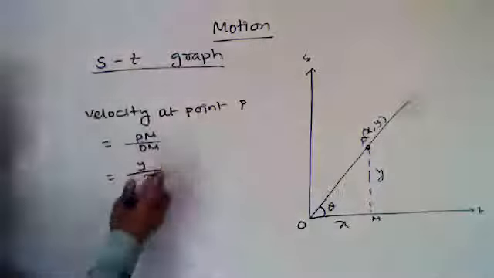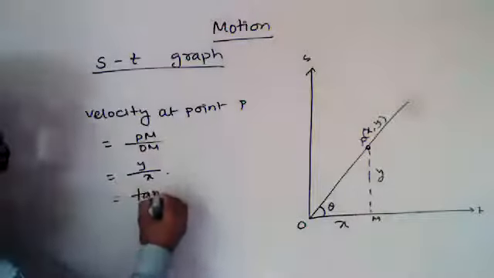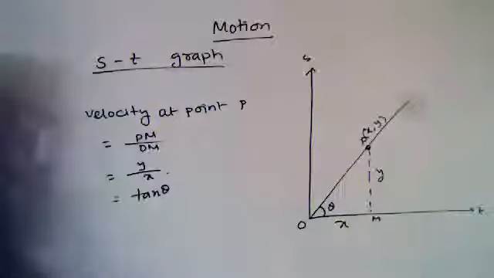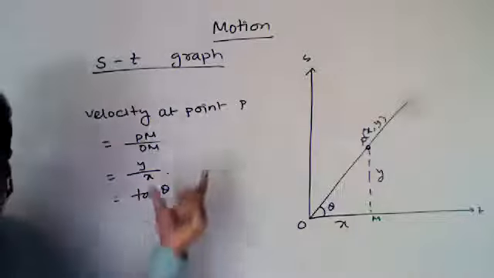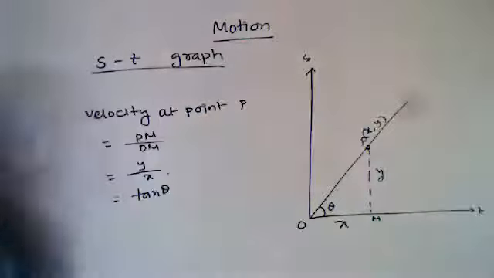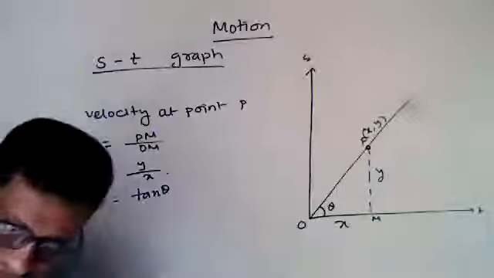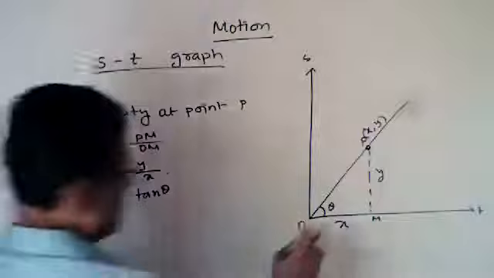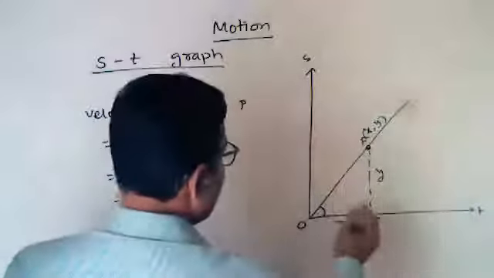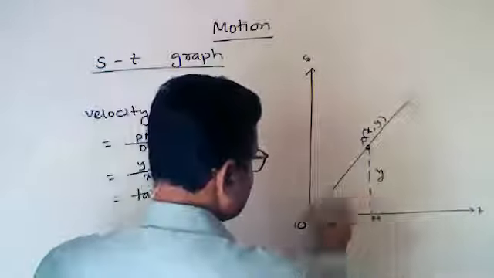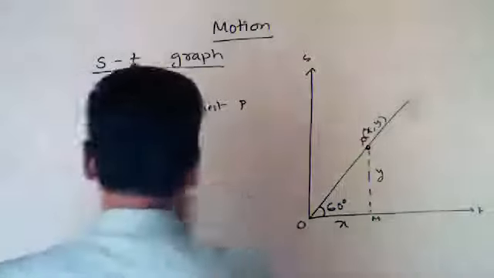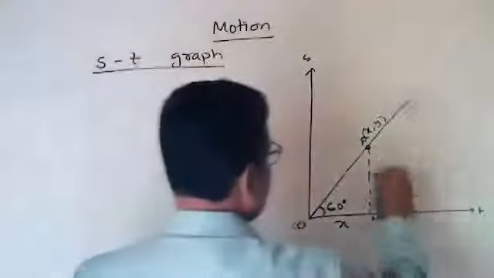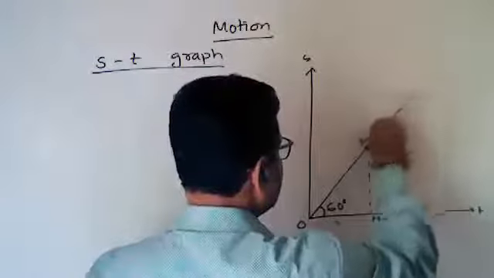So normal by base equals tan theta. So it is the slope, and we already know that in a straight-line graph the slope denotes the velocity.